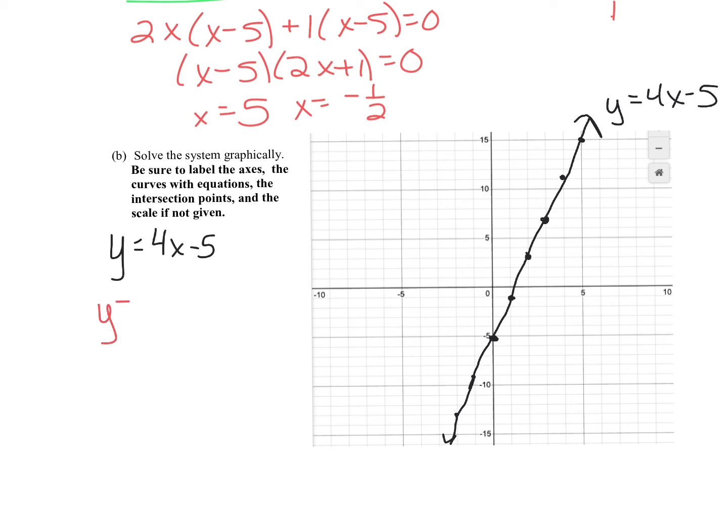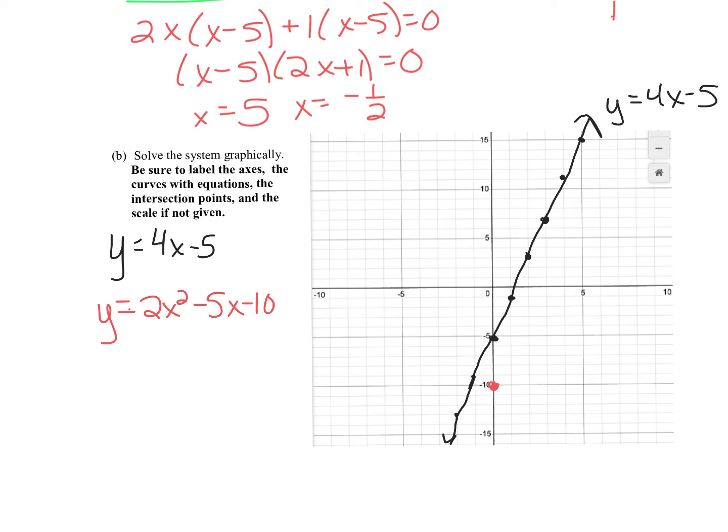My other equation is 2x squared minus 5x minus 10, okay? So the point that's super easy for me to find is 0, -10. The rest of it I would find from a table on the calculator.